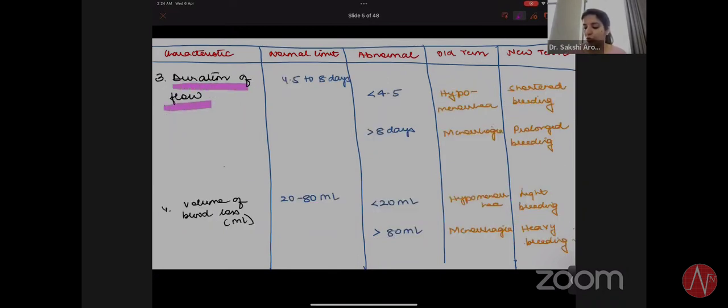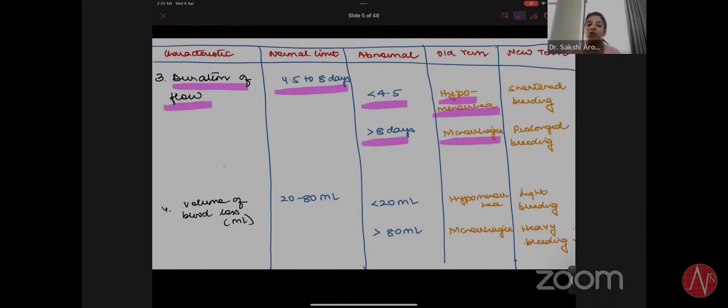Then duration of flow. The normal duration of flow is between 4.5 to 8 days. If flow is less than 4.5 days, it is hypomenorrhea. And if it is more than 8 days, menorrhagia.